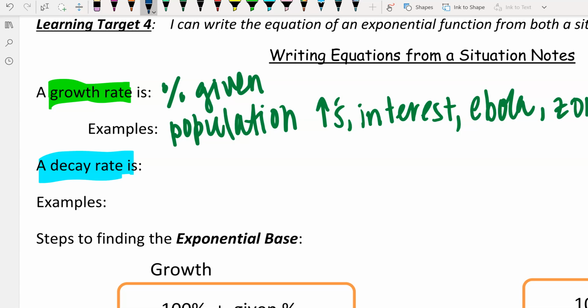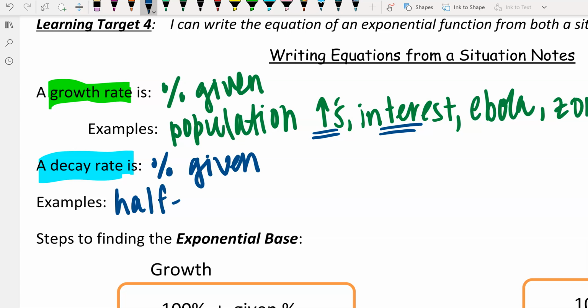Okay, so when you have populations increasing or you're earning interest on money, that's growth, and then the percent given is the growth rate. So same thing with decay. It's again a percent given, but it's the percent given that indicates decay. So like we've talked about half-life.